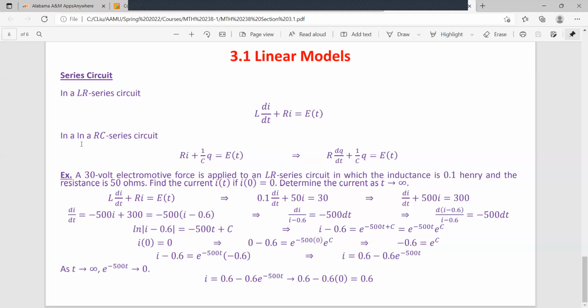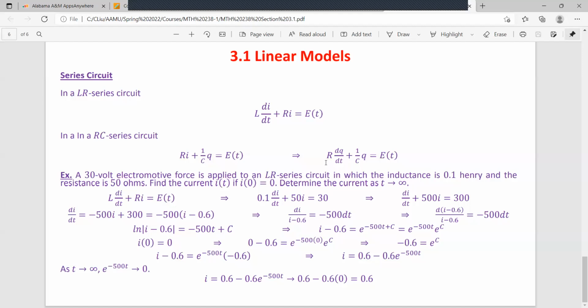Similarly, in the RC series circuit, the differential equation will be R times i plus 1 over C times q equals E of t, where C is the capacitance of the capacitor and q is the charge on the capacitor. But i is just dq over dt, the current is just the rate of change of the charge.